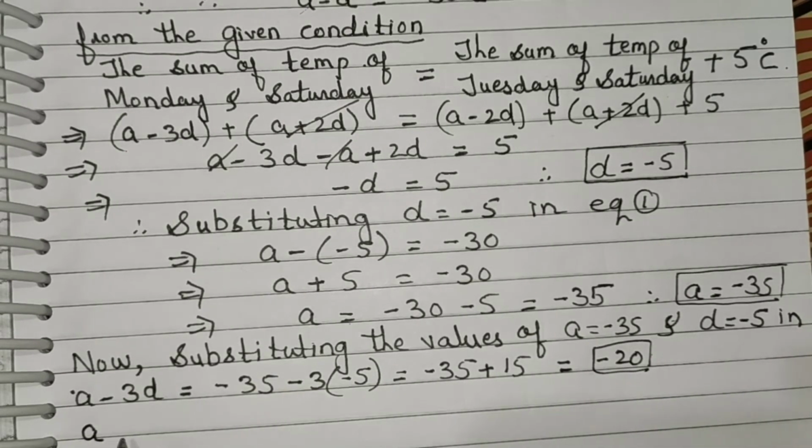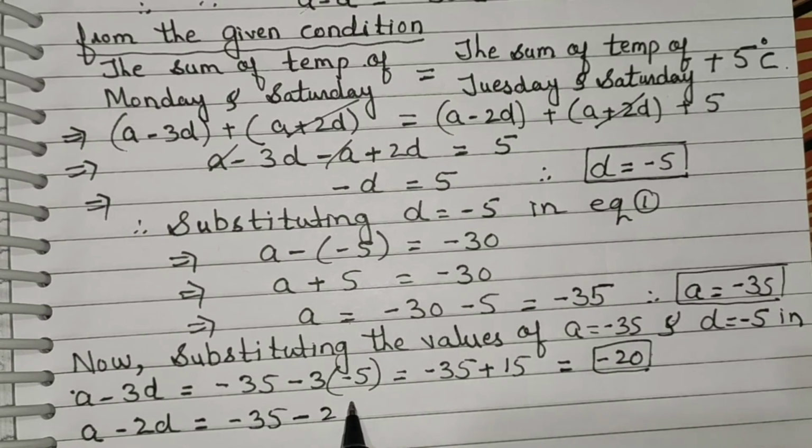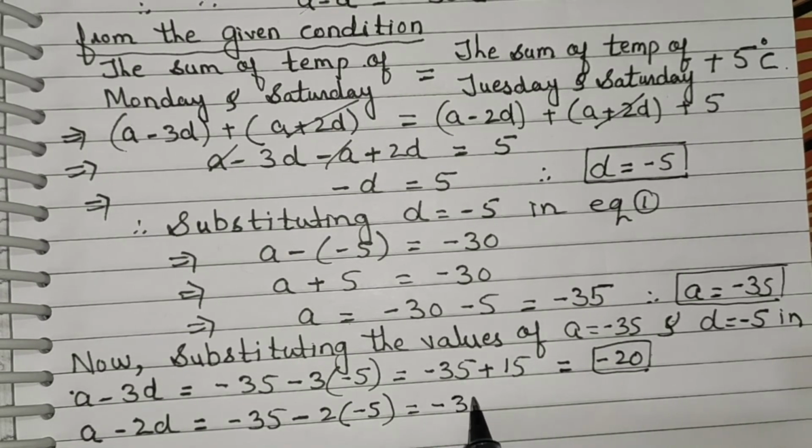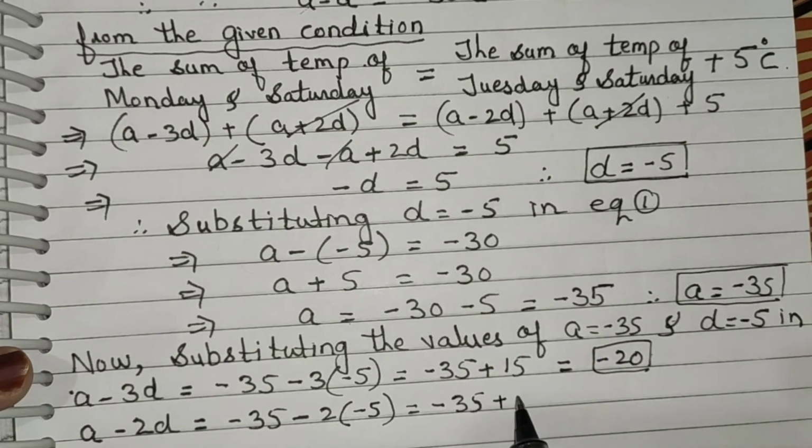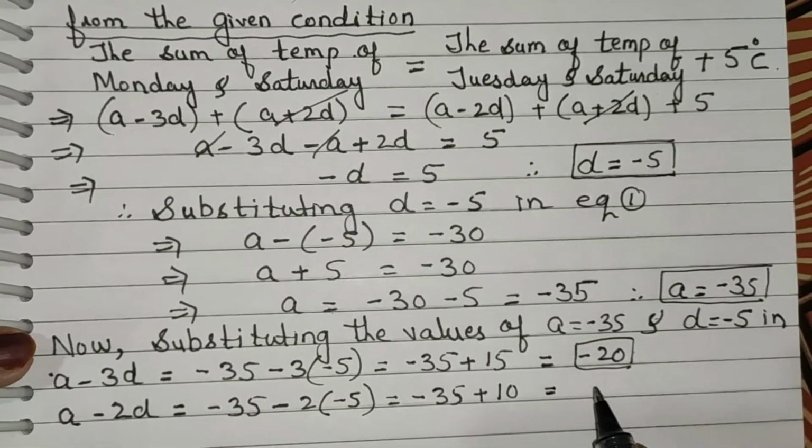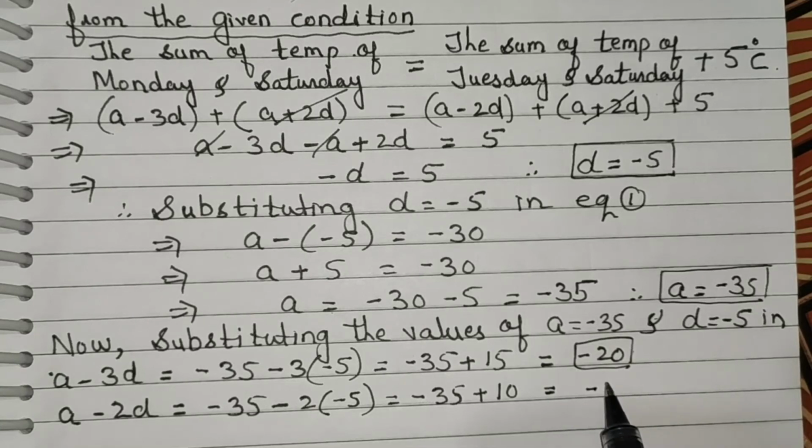Now the second, a minus 2d. Minus 35 minus 2 into minus 5 is equal to minus 35 plus 10 is equal to minus 25.